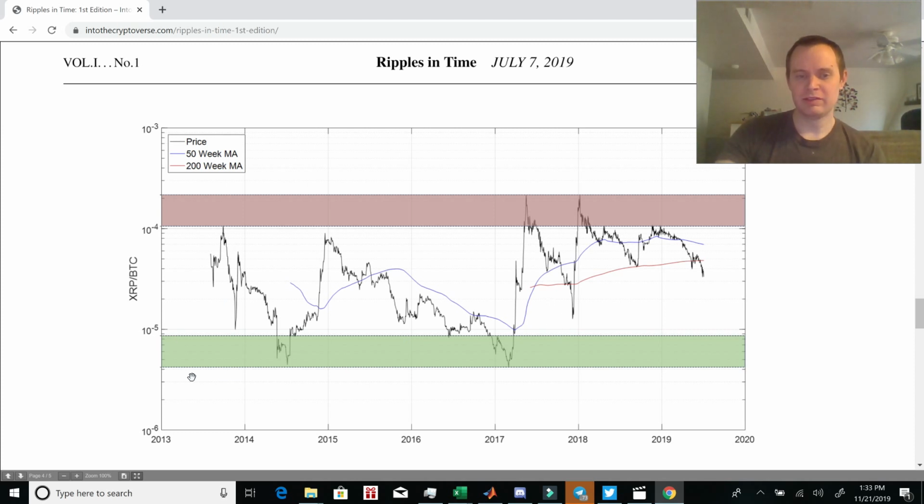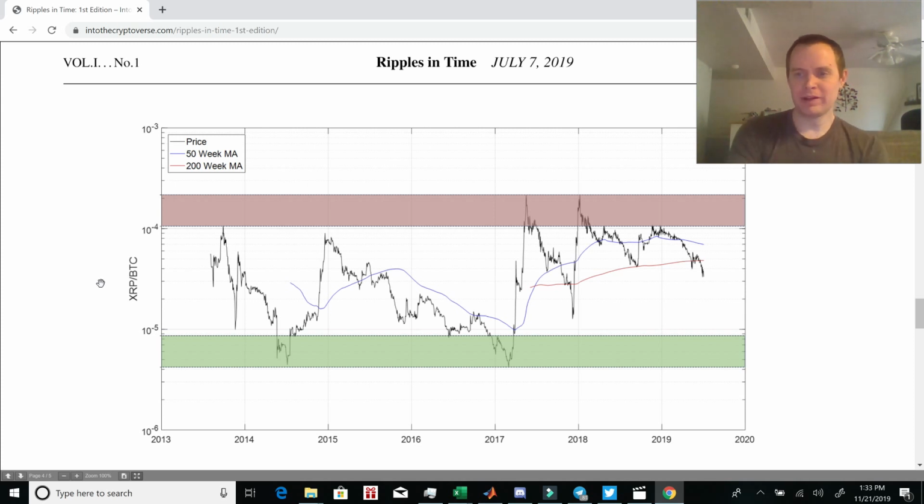You can see we've never gone past this point down here, which is, let's see, 1, 2, 3, 4, so around 4 times 10 to the minus 6. That has held strong support 2 times in the past. And if it were to happen again, then I imagine if we got down to that region, we might also see another order of magnitude, at least, potentially, run up in the price with respect to Bitcoin.